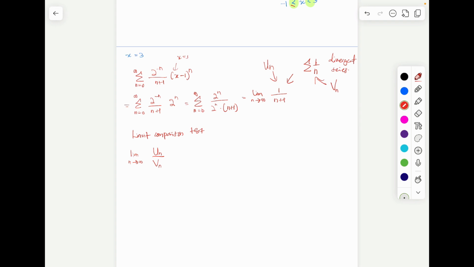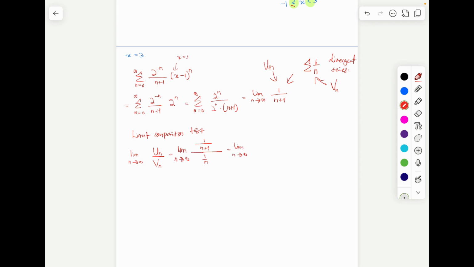Since we compare with a divergent series, if you get the limit greater than 0, then we can conclude that our series is also divergent. So let us plug in. So un is our series 1 over n plus 1, divided by the series that we compare, which is 1 over n. So you simplify.